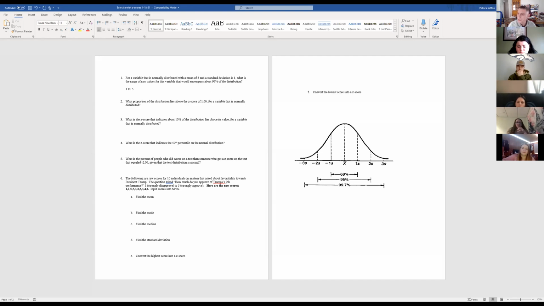Okay, do you guys see where I got that from? I'm just coming up with these numbers, but let's pretend it's a perfectly distributed bell curve like that, and you're going up 2 standard deviations. Because the standard deviation is 1 and the mean is 3, 2 plus 3 is 5, and then if you take 2 away from 3, 3 minus 2 is 1, and so it's 1 to 5.